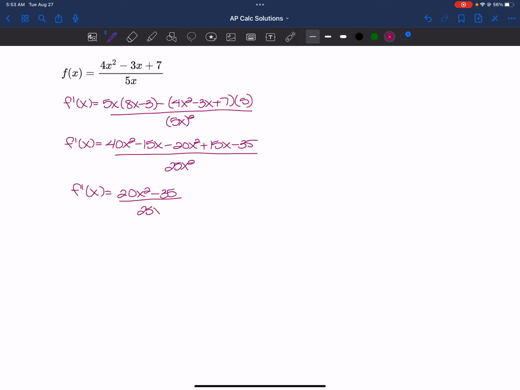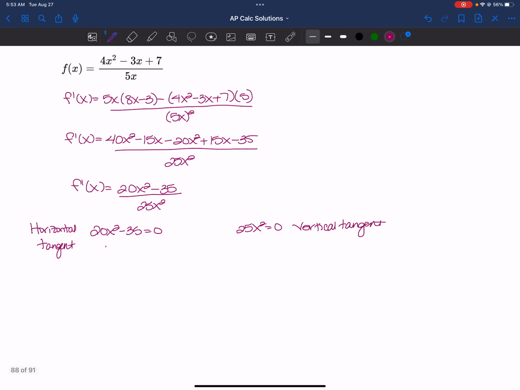So when I take 20x squared minus 35 and I set it equal to 0, this is my horizontal tangent, so the x coordinates of the horizontal tangent. And then when I set 25x squared equal to 0, this is my vertical tangent. So now 20x squared is equal to 35.